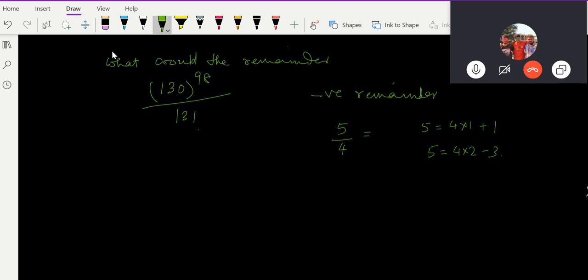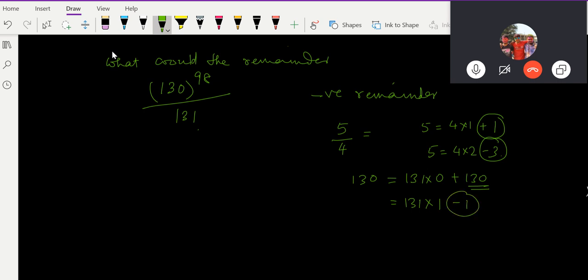Now I will take the lower of these two whenever I am trying to calculate the remainder of numbers in power. So 130 can be written as 131 into 0 plus 130, which is the actual remainder, or I can write it as 131 into 1 minus 1.